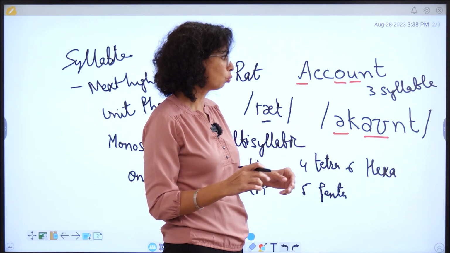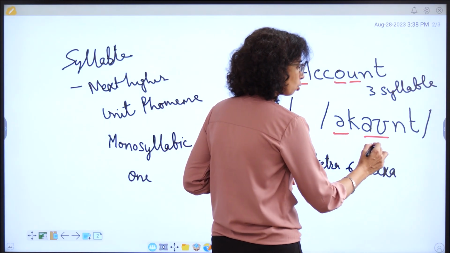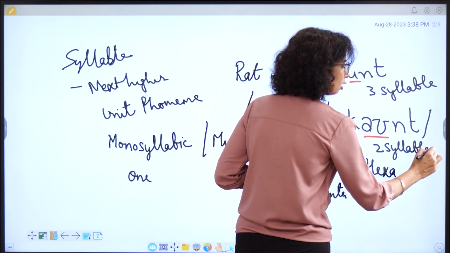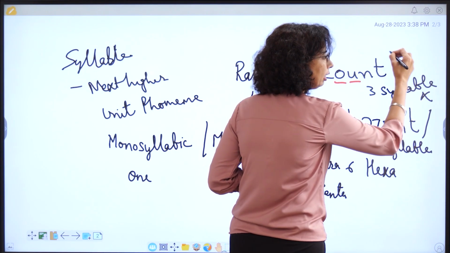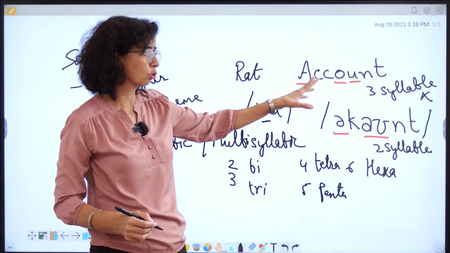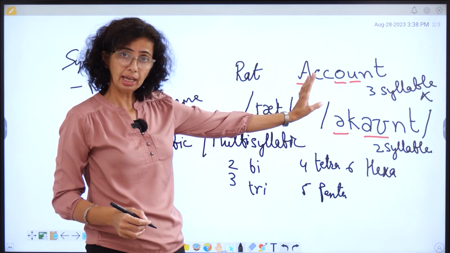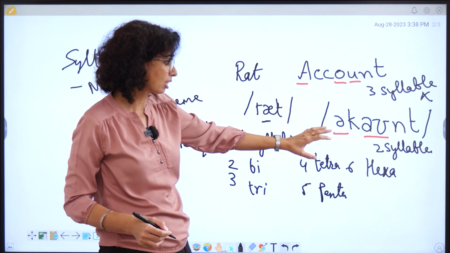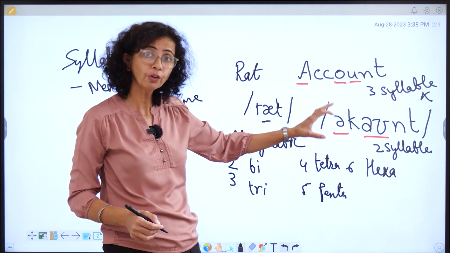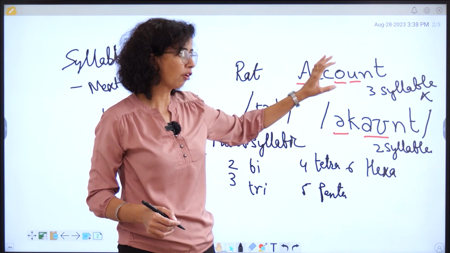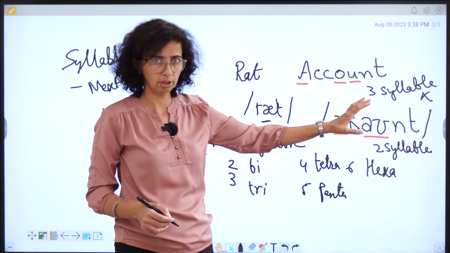So it has only 2 syllables, not 3 as we said earlier on the basis of alphabets. It should be classified on the basis of the sounds it contains, not the number of alphabetic vowels.